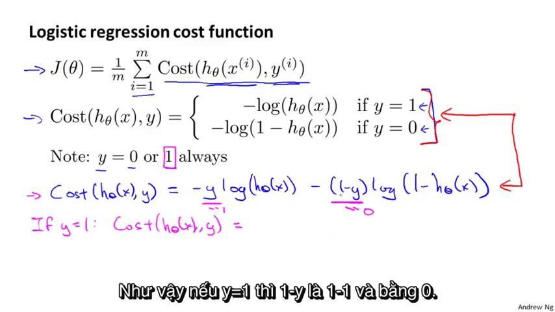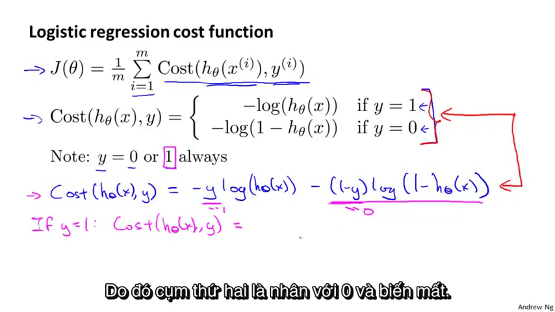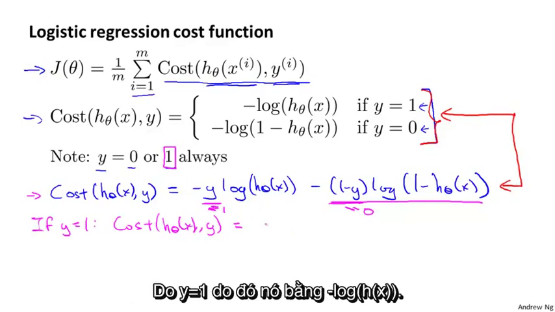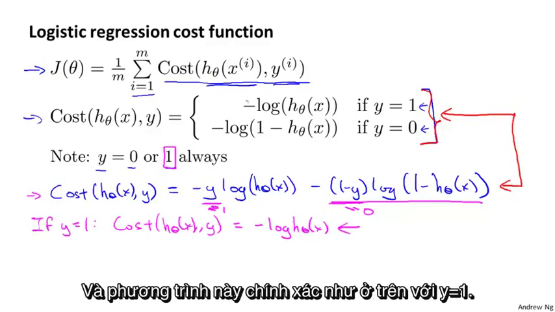So if y is equal to 1, then 1 minus y is 1 minus 1, which is therefore 0. So the second term gets multiplied by 0 and goes away, and we're left with only this first term, which is minus y times log h of x. y is 1, so that's equal to minus log h of x. And this equation is exactly what we have up here for if y is equal to 1.